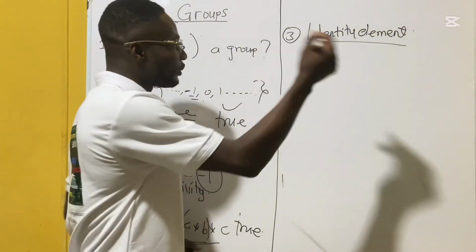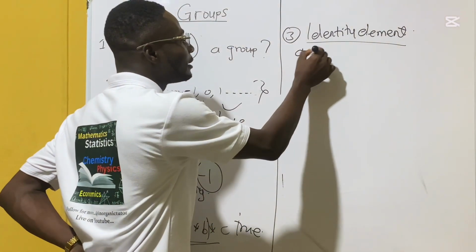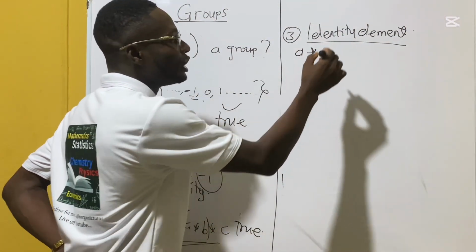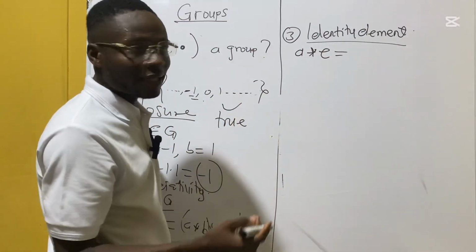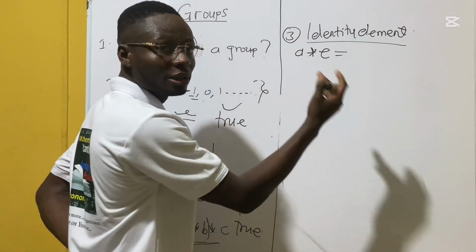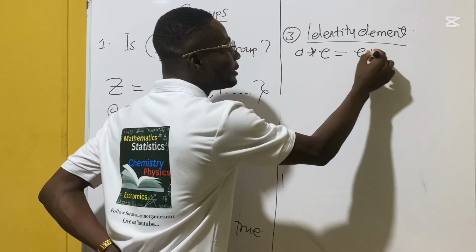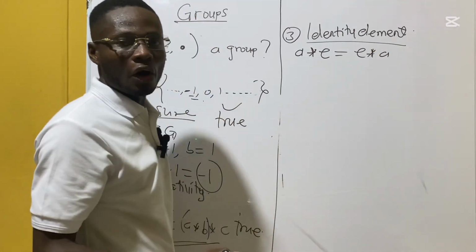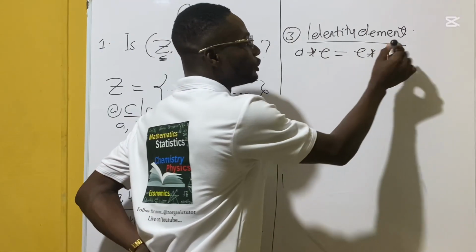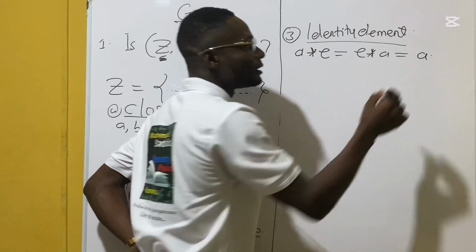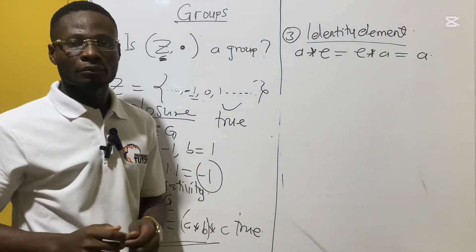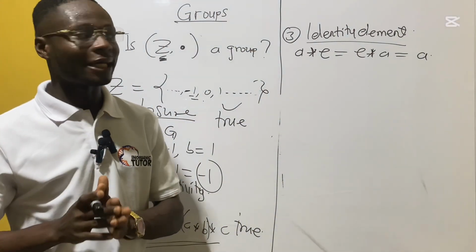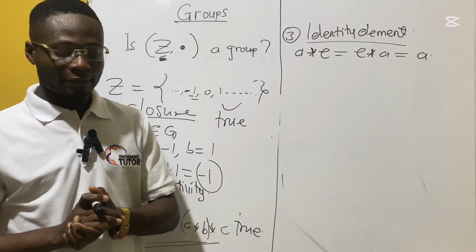So for instance, A star E should be the same as E star A, and this should produce the element back. That is what we mean by the identity element.